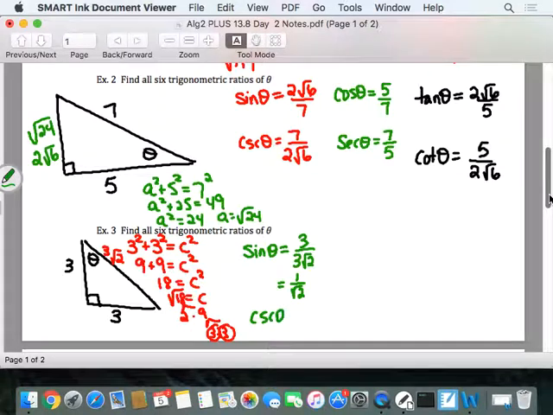So cosecant theta is radical 2 over 1, but radical 2 over 1 is simply radical 2. Cosine theta is adjacent over hypotenuse, so that's 1 over radical 2. Secant theta would be the reciprocal, which is radical 2 over 1.